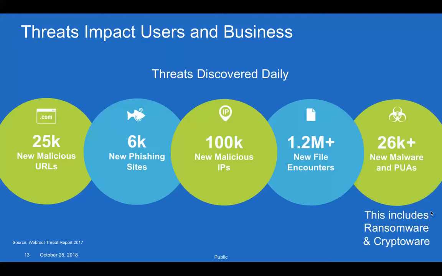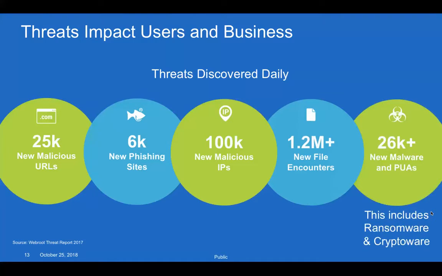With our dynamic data and the incredible amount of updates that we generate every single day, you have the ability to look at the most up-to-date, effective, and accurate data when it comes to compliance and protection. That takes into account malware, ransomware, cryptoware, and all kinds of other things that could potentially be malicious traffic.